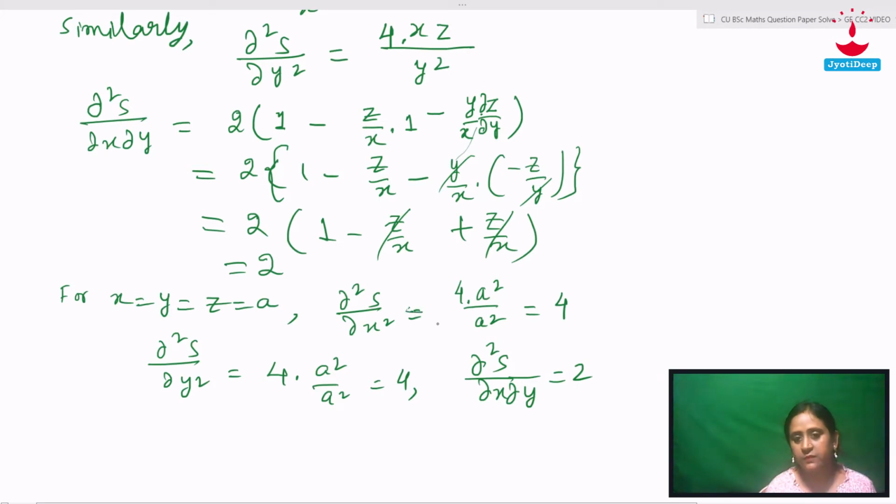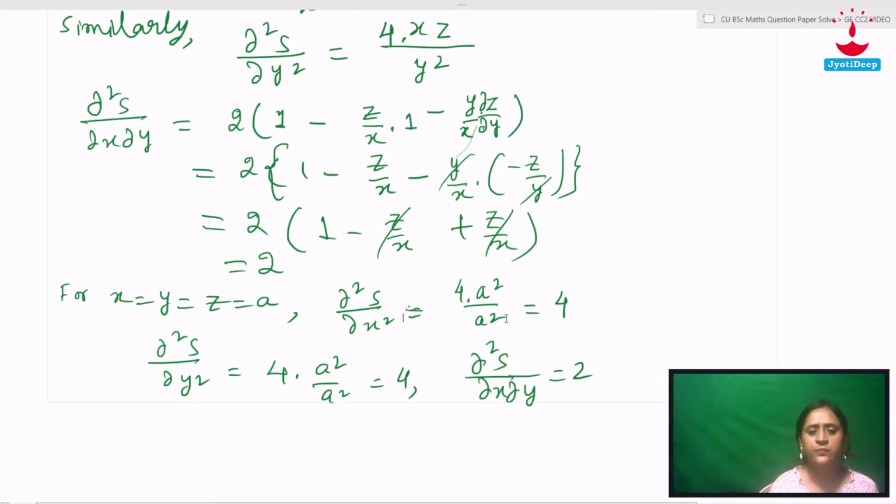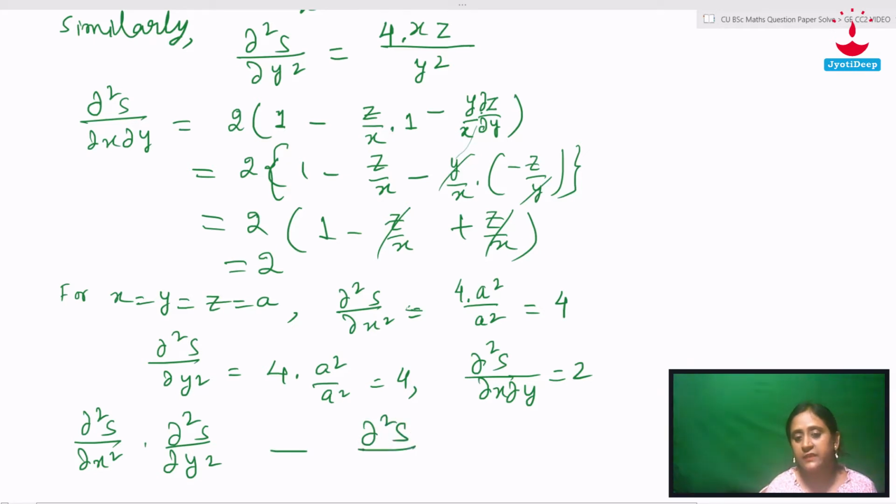Now we are going to use the multiplier formula, that is del 2s by del x square into del 2s by del y square minus del 2s by del x del y whole square is equal to what we get?